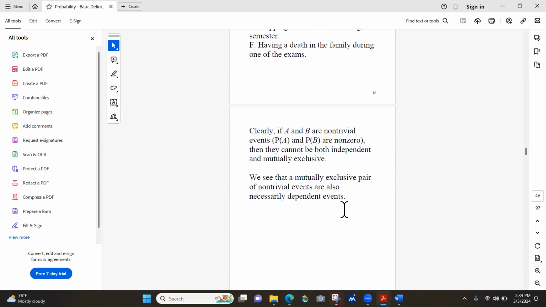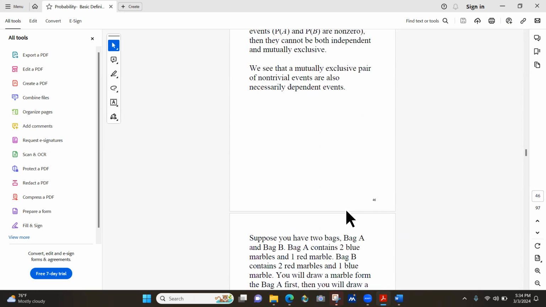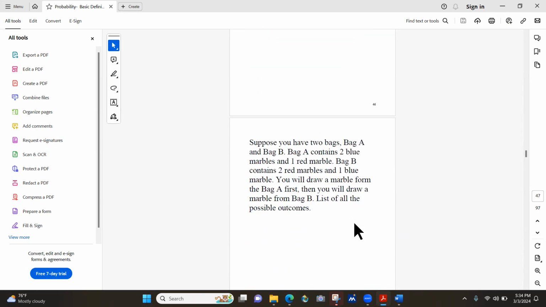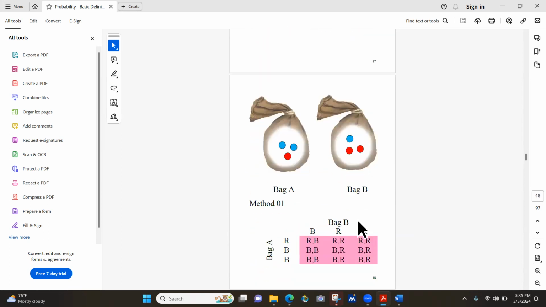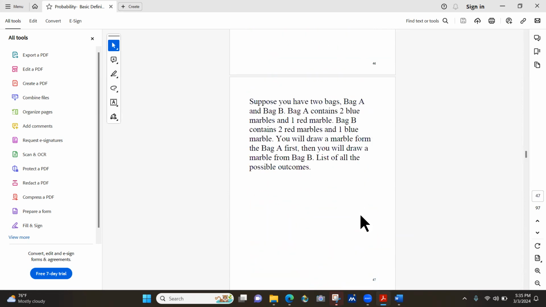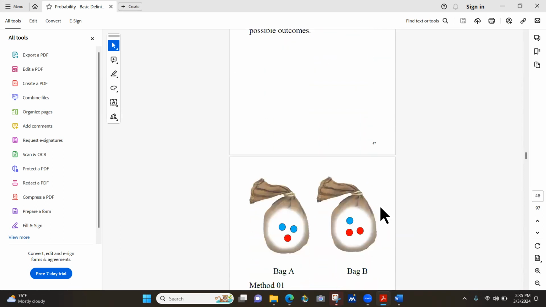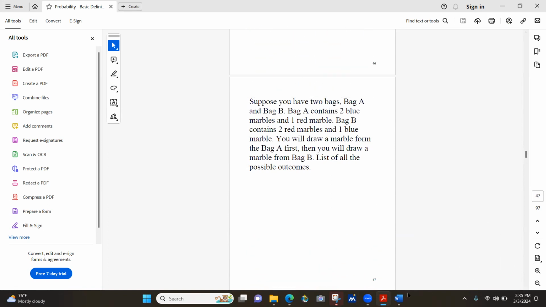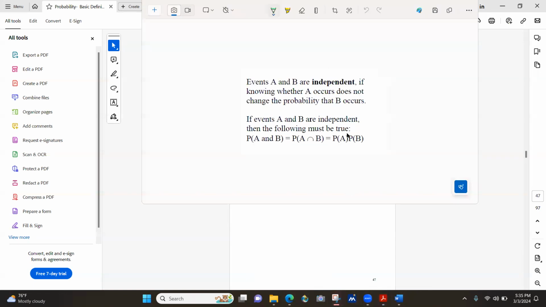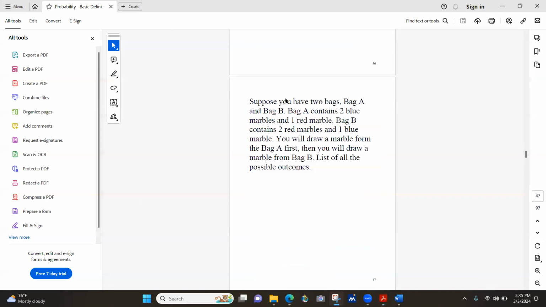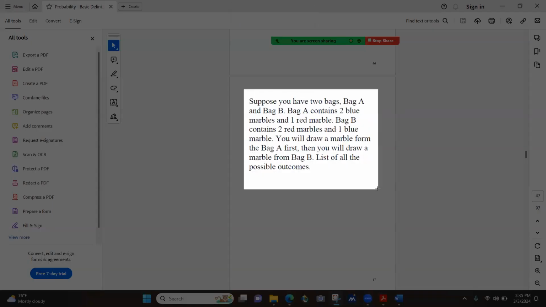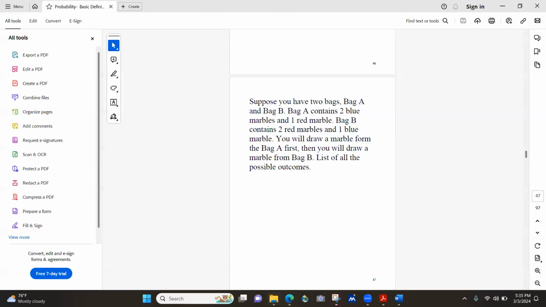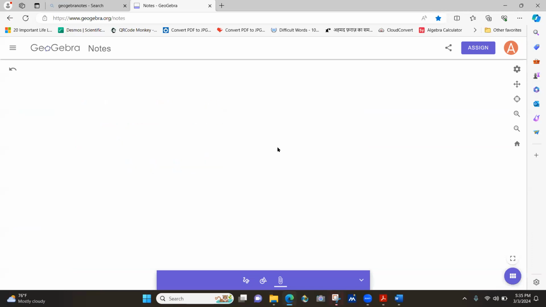And here are some examples. So let's do an example. You have examples like this in your book. It's a very typical probability question.